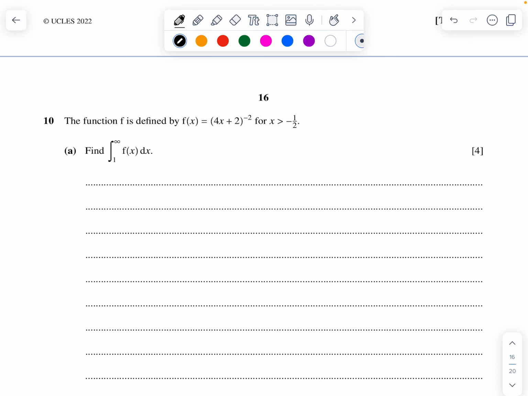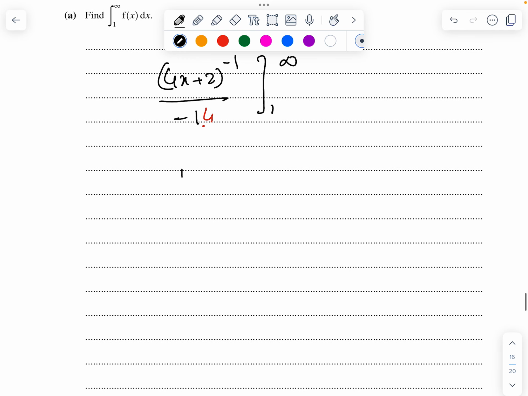Question number 10. The function f is defined by f of x equals to this much. Find the integral of f of x from 1 to infinity. So it becomes 4x plus 2 whole to the power of negative 1 by negative 1. Don't forget to divide by 4. Then from the limits 1 to infinity.